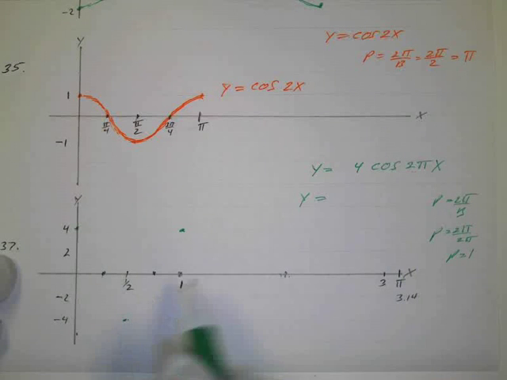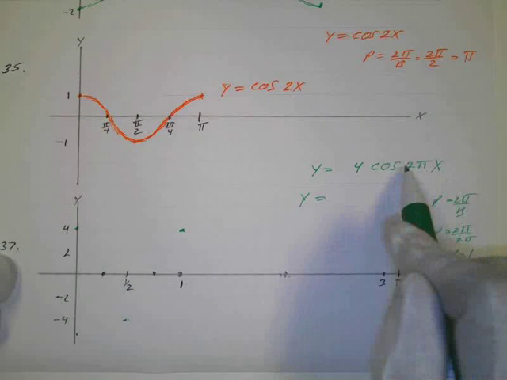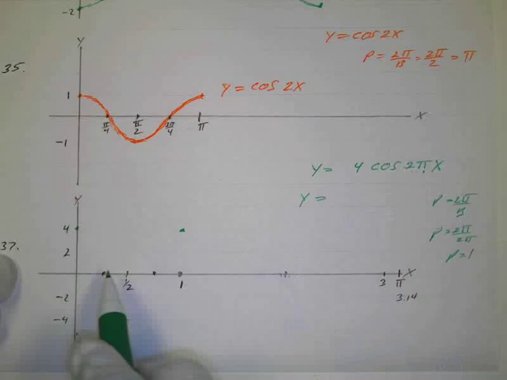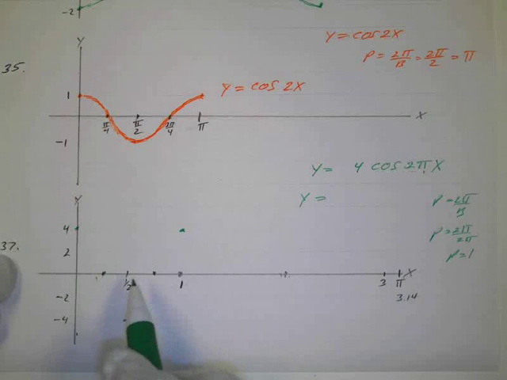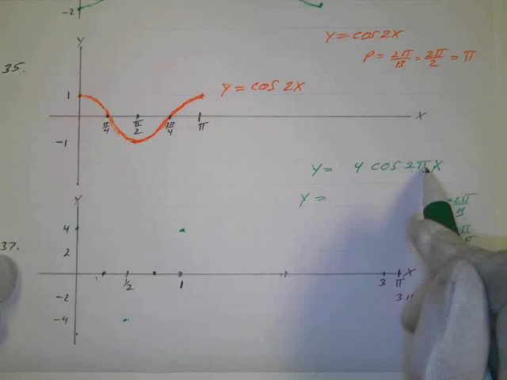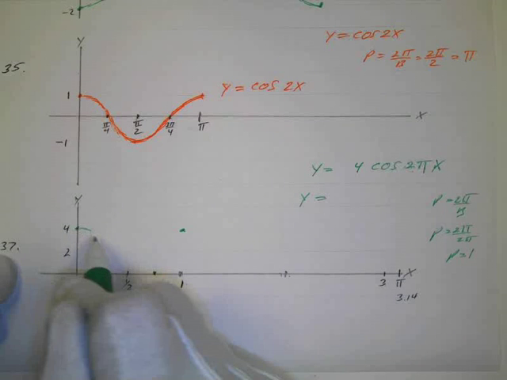The thing is, if you take a look at this, if x is 1/4, 2 times 1/4 is 1/2, so that's pi over 2. And the cosine of pi over 2 is 0, you see. And if you put 1/2 in here, 2 times 1/2 is 1, and the cosine of 1 is -1, in this case times a -4. So it kind of works out.